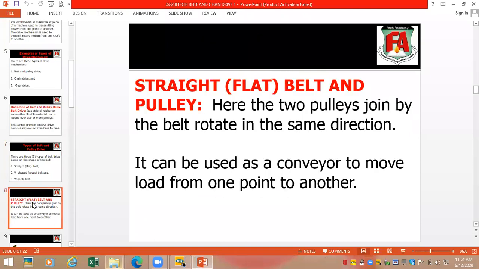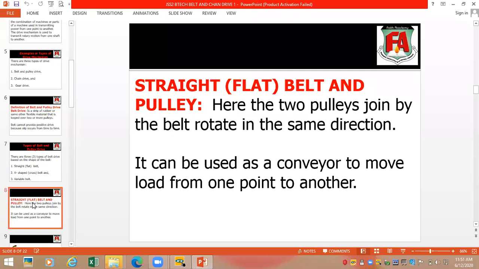Okay, what is a straight or flat belt and pulley? Here, the two pulleys joined by the belt rotate in the same direction.